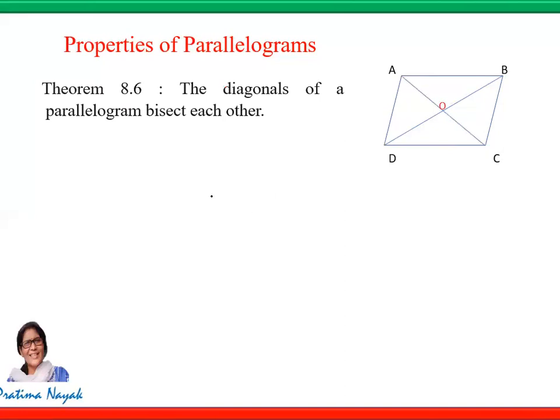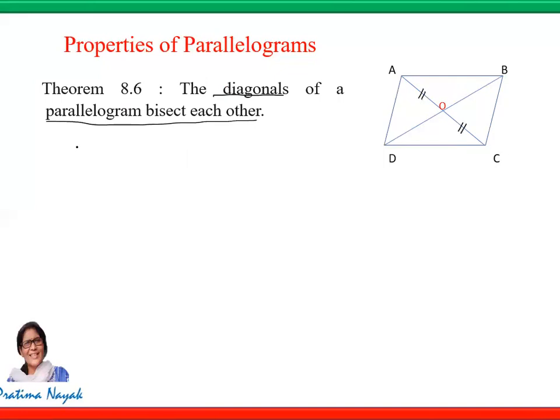Next, coming to theorem 8.6, the diagonals of a parallelogram bisect each other. So what is the meaning of bisect each other? They will divide each other into equal halves.